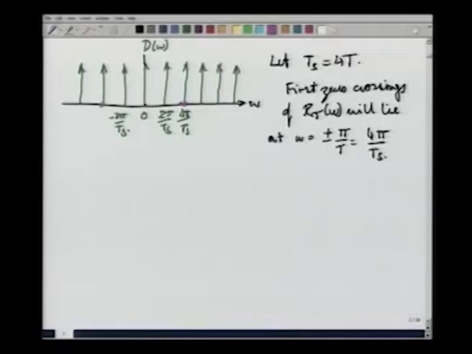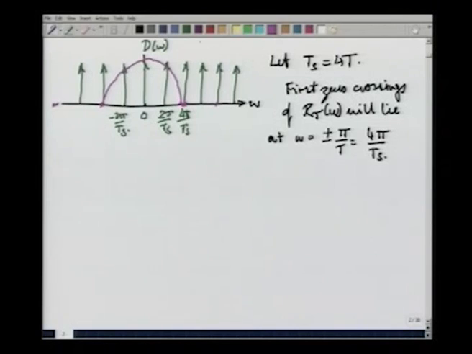It will be a function that goes like this, and then the next zero crossings will be at 8 pi by Ts, here and here.